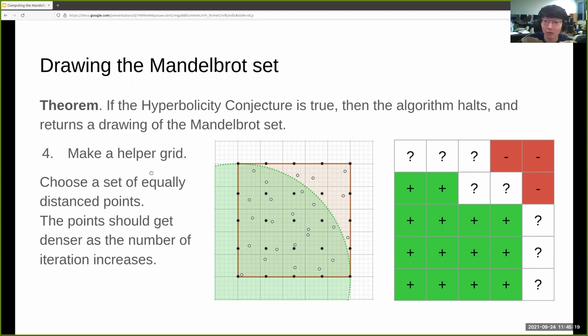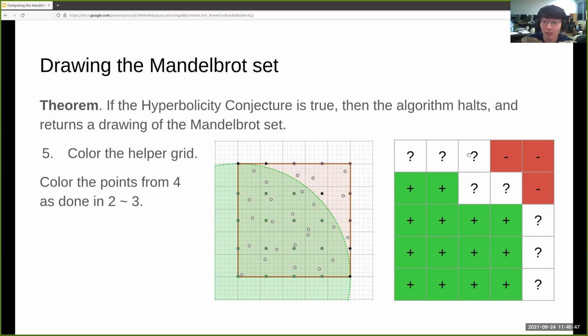Now we're going to make a helper grid. The helper grid in the figure is described as black dots on the left figure. Choose a set of equally distant points. The points should get denser as the number of iterations increases. For example, I chose 4 times 4 here, but maybe in the next iteration, it will be 8 times 8 and so on.